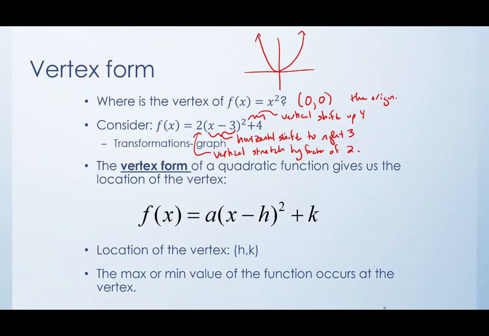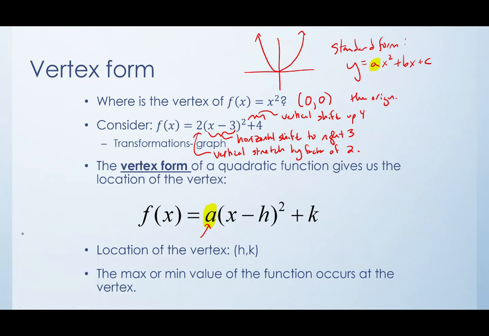So vertex form, which is really what this is in, it's the transformed form of the parabola, is going to give us the location of the vertex. So we've got A. This is the same A from when it's written in standard form. So we'll go right over here. Standard form of a parabola: y equals ax squared plus bx plus c. So that is the same A in the standard form as in the vertex form.